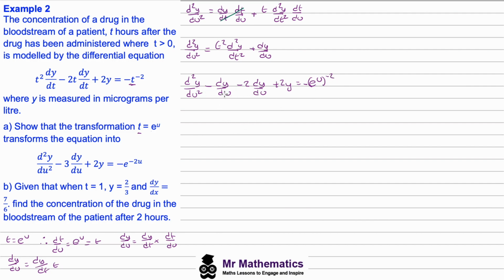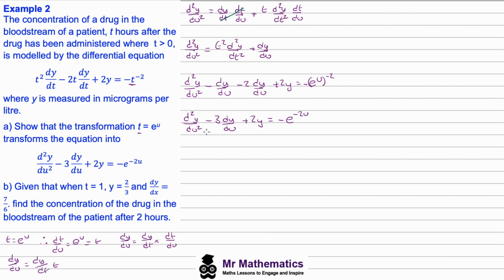Now we can tidy this up because we can collect the dy by du terms together. So d2y over du squared minus 3 dy by du plus 2y, and we can use a power rule to simplify this. So negative e to the negative 2u, and this is what we were asked to show.